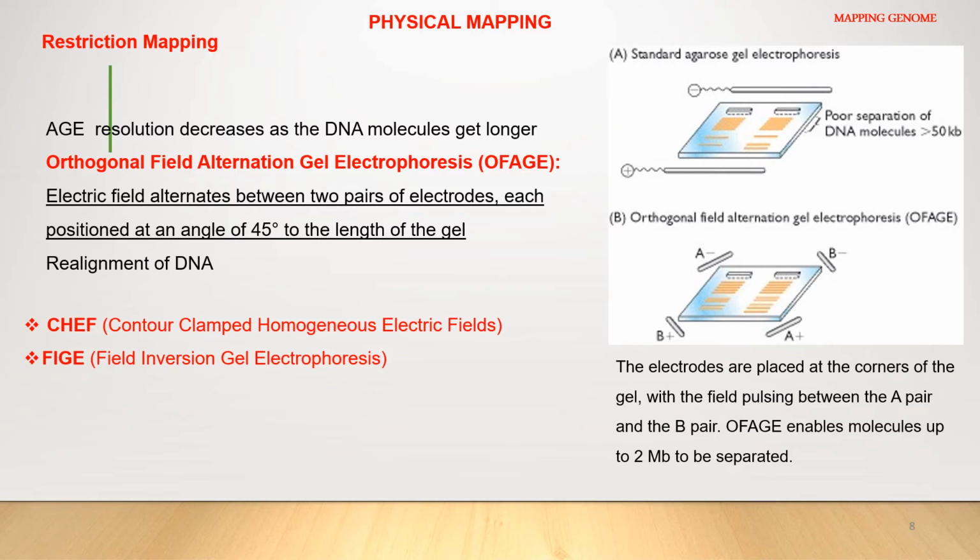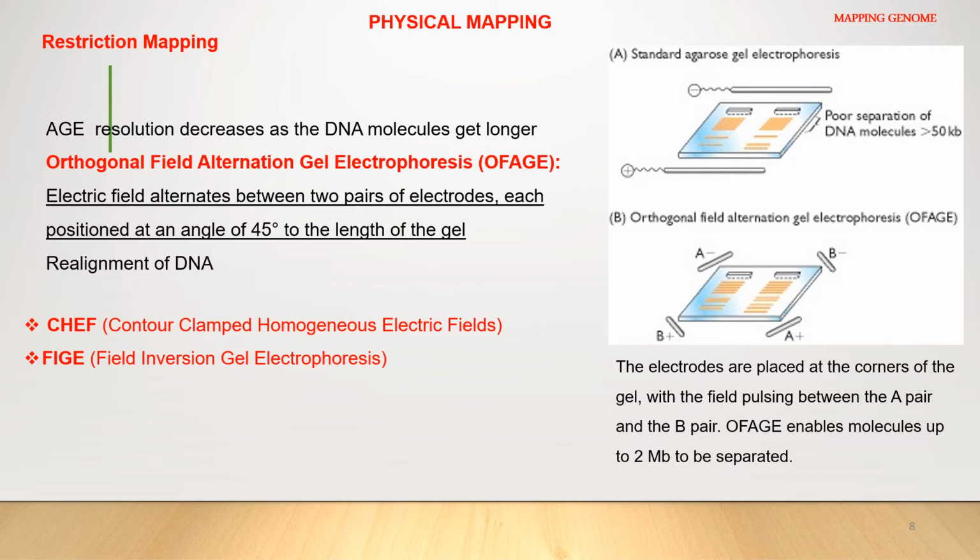Hence, the conventional linear electric current method cannot be used for separation of large segments of DNA obtained from rare cutters of restriction enzymes.